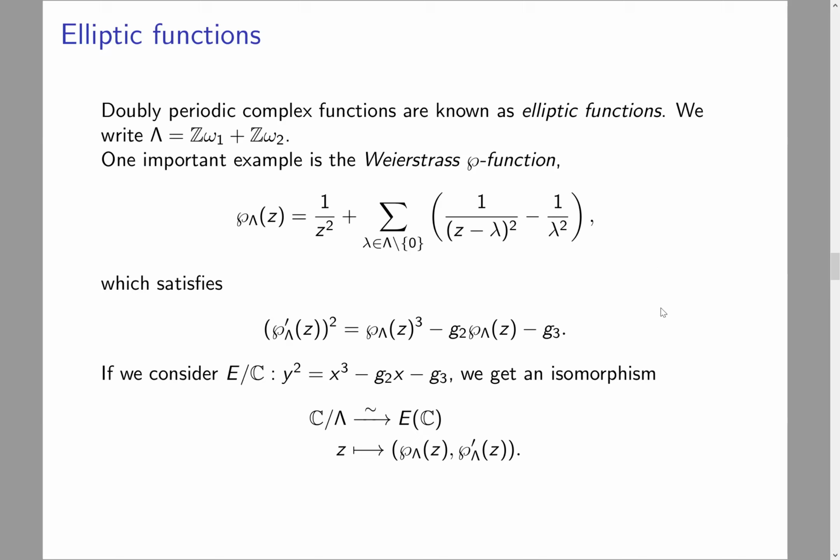So again, you might be concerned because I mentioned that this Weierstrass p function as a function on the complex plane is not holomorphic. It has a pole, but that actually works out to be fine here because we have this nice projective curve. What ends up happening is that the map I've written down makes sense if z is not an element of the lattice. If z is in the lattice, you just send it to the point at infinity, and that gives you all the points. So yes, this is holomorphic in the appropriate sense.